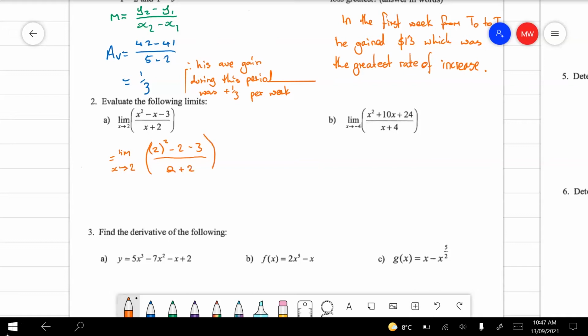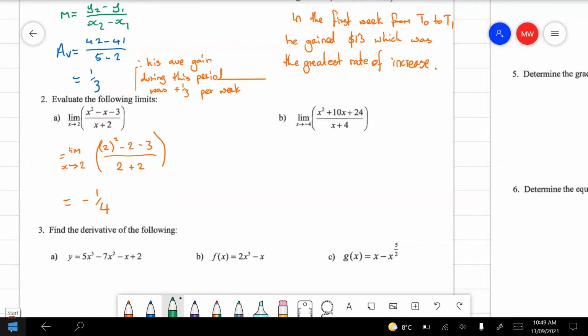Terrible writing, sorry about that. Let's fix that up, nice and clear. Pop it in your calculator and it will be -1/4. So remember, that's the limit as x gets so close to 2 that it might as well be 2.